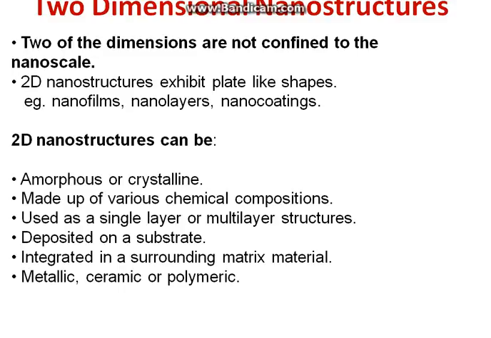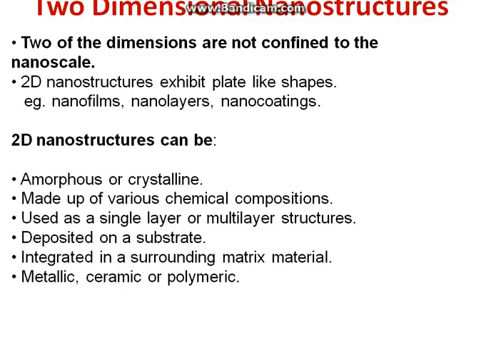Okay. So representative examples of two-dimensional nanostructures are nanofilms, nanolayers, and nanocoatings. And their salient features are: two-dimensional nanomaterials are amorphous, or they could even be crystalline. They could be made of various chemical compositions. And the nanofilm or the nanolayer or the nanocoating as such could be made of a single layer or it could be a multi-layer.